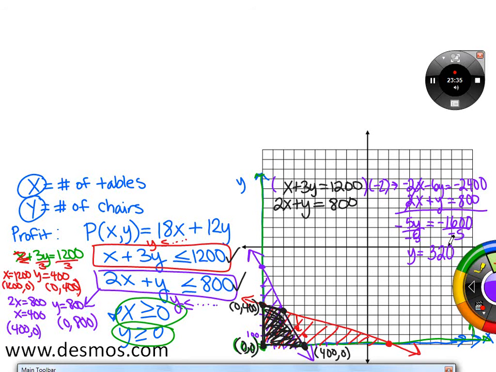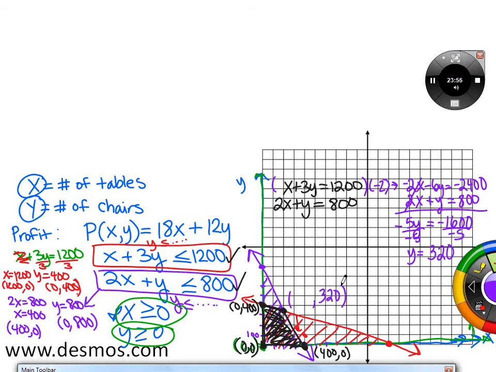So what did I just find out? Okay. Graphically, I found out that at this point where they cross, the y coordinate is 320. But what did I find out in the context of my problem? Yeah, that there's an option for me to make 320 chairs as a possible way to maximize my profit. Okay?